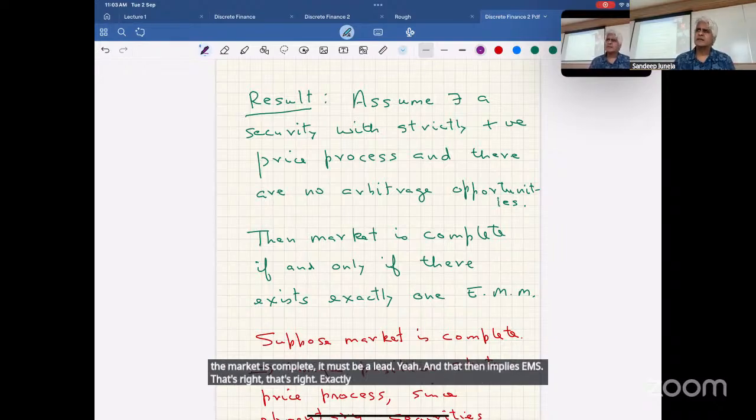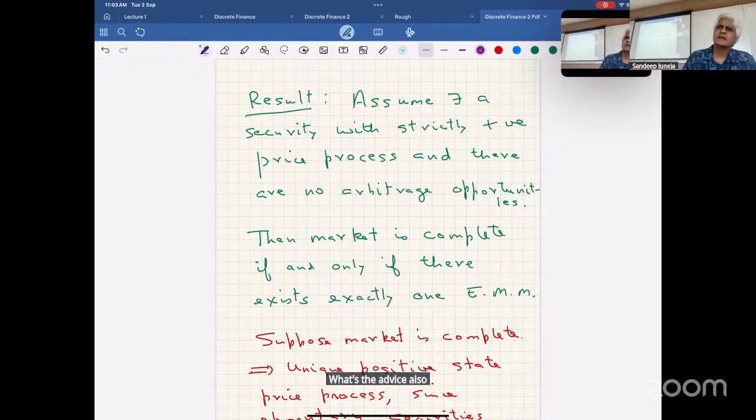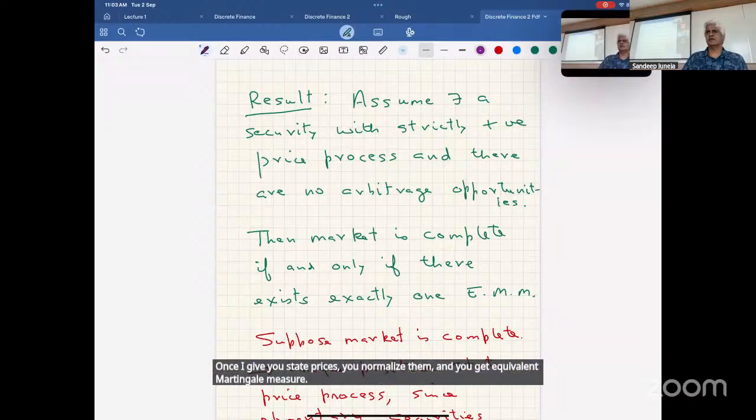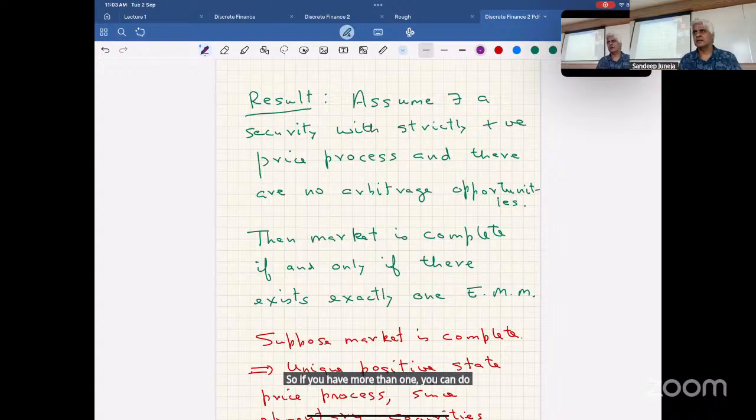Does more than one state price also imply that there is more than one measure? Yes, because once I give you state prices, you normalize them and you get an equivalent martingale measure. So if you have more than one state price, you get more than one measure. There's a one-to-one mapping between state prices and probabilities.